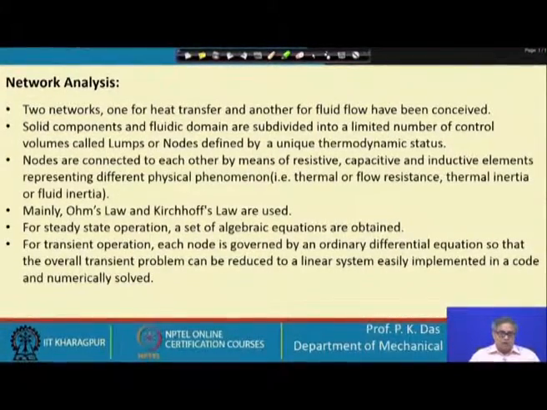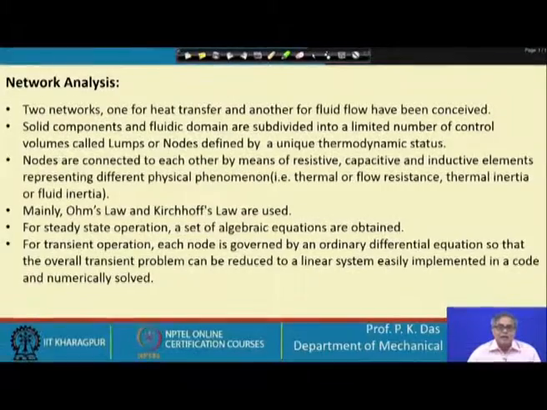For transient operation, each node is governed by an ordinary differential equation, so that the overall transient problem can be reduced to a linear system, and easily it can be implemented in a code and numerically solved. So, basically for steady state the life is simple.